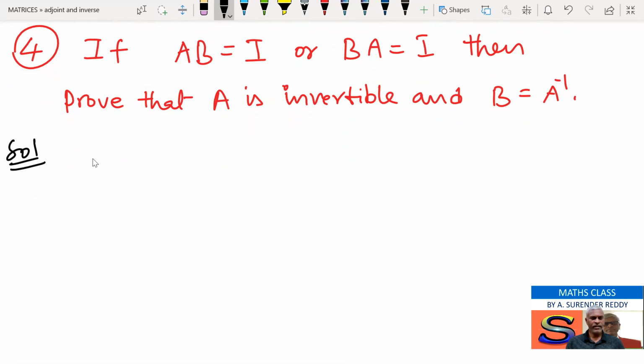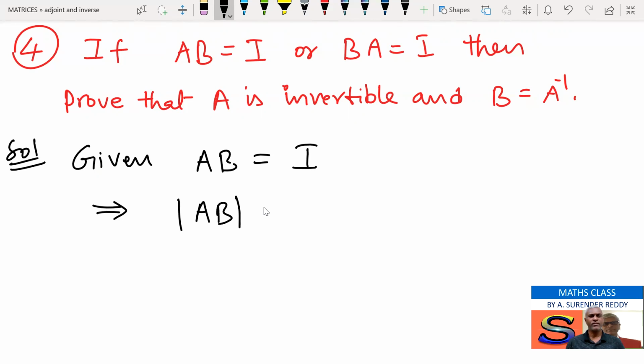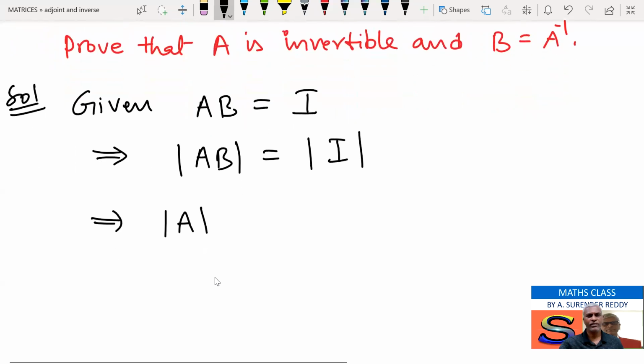Now let us take the given condition. What is given? First one, AB is equal to I. So I am taking the determinant both sides, using determinant properties. Determinant of AB is equal to determinant of A into determinant of B, and this is 1. Determinant of a unit matrix is 1.